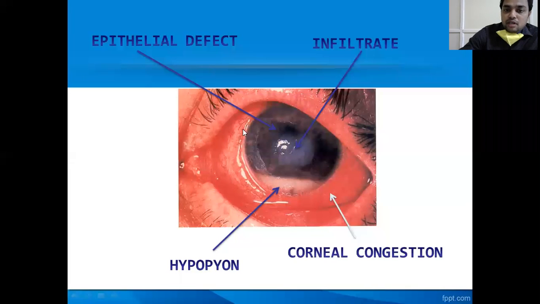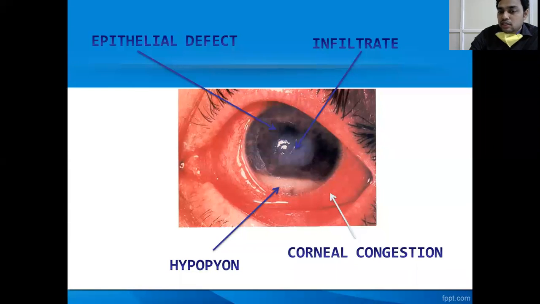So this is a picture of the corneal ulcer. Here, at this point, we can see the epithelial defect, and this white part is an infiltrate. This is the hypopyon. This hypopyon is present behind the cornea, that is, in the anterior chamber. This hypopyon is formed by the dilated ciliary and iris vessels.